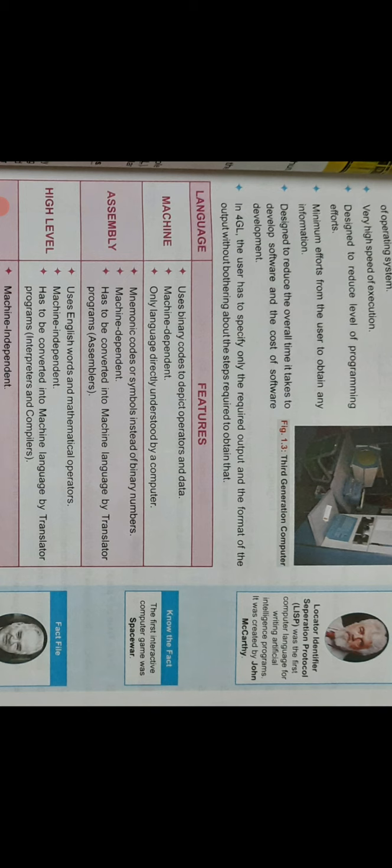Which kind of language was she using then? So, in third generation, what is the language we have? That is high level language. And what are the examples of high level language? Those are C, C++ and Java.